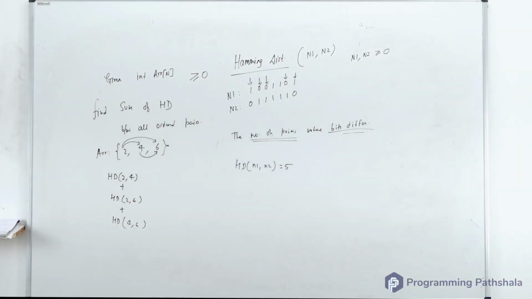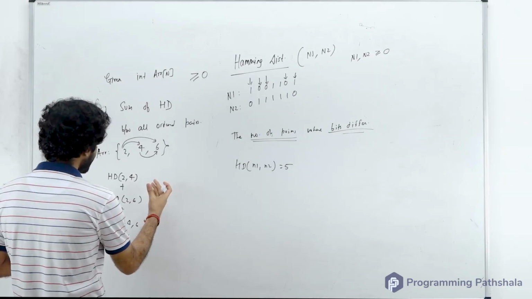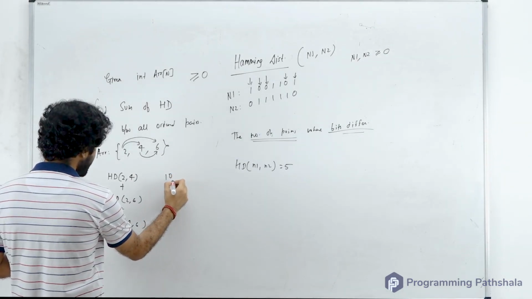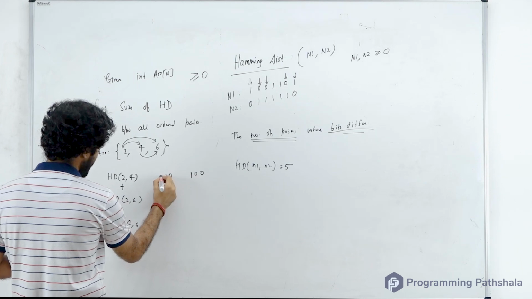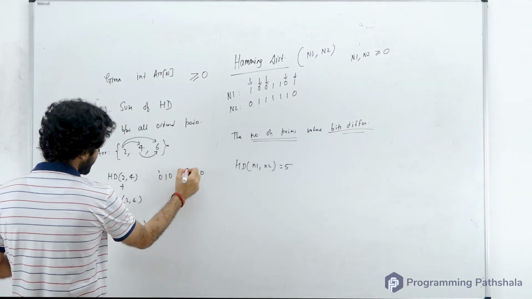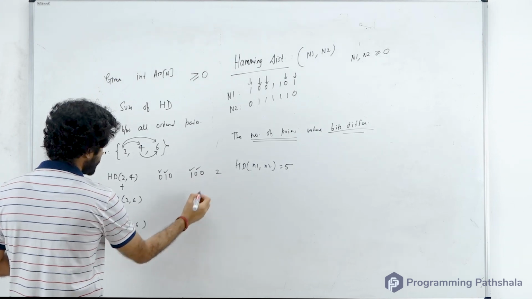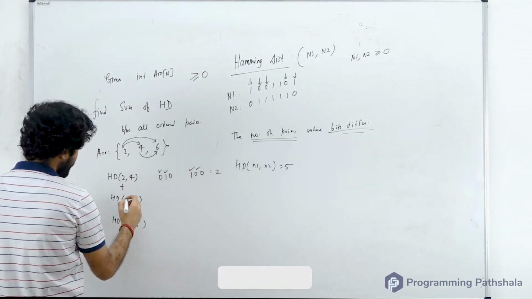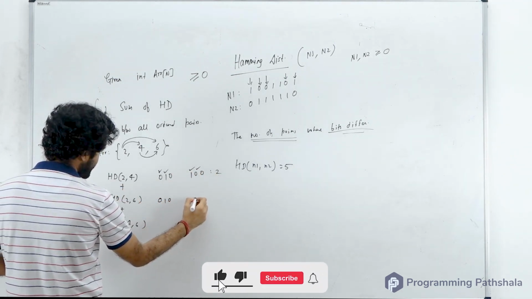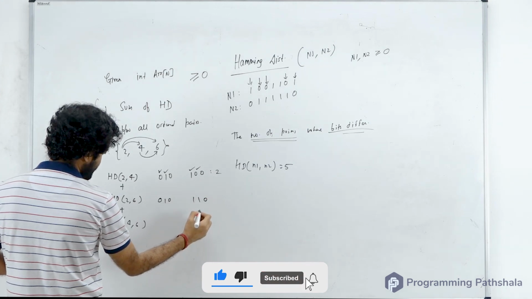What will be the answer for this case? Can you quickly do some maths and tell me the answer? So 2 is like 1 0 and 4 is this. So here the bits have differed, and here also the bits have differed. So this is 2. 2 is again like this, and 6 is like this.